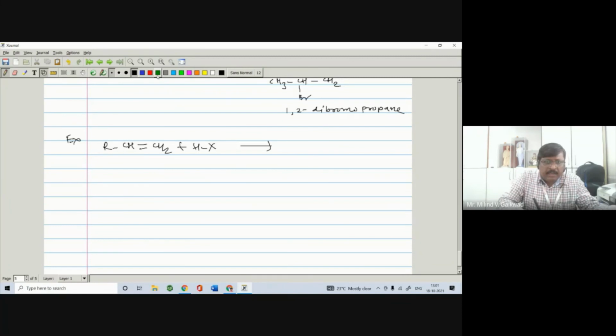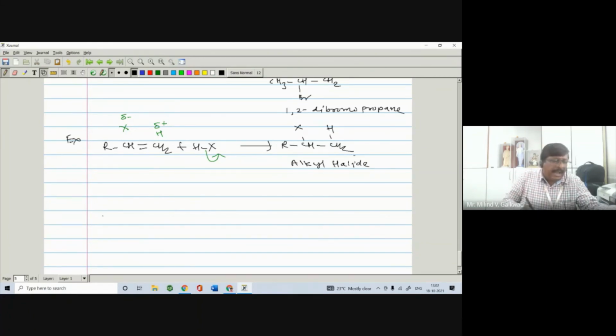The sigma bond opens as X negative, H positive. Here the negative part will attack on that doubly bonded carbon atom which has the lesser number of hydrogen atoms, right? So here you are getting R, CH, CH2, X will attack here and H will attack here.